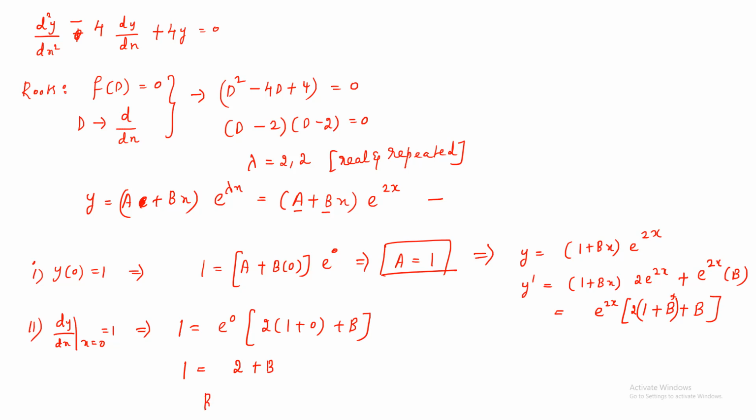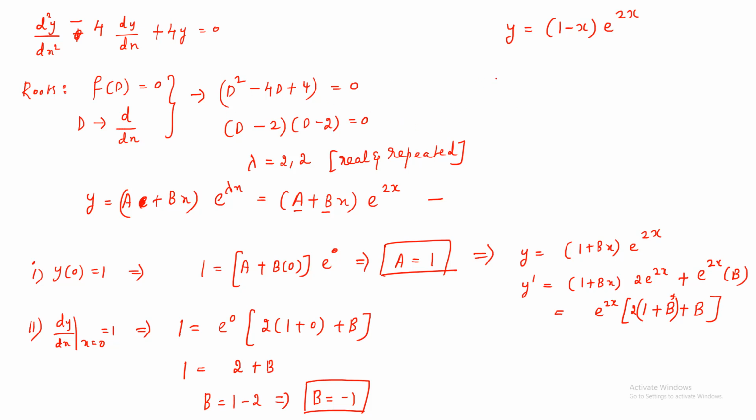Then our b becomes 1 minus 2, so b becomes minus 1. Now we substitute the value of the constant b, so we will get y is equal to (1 minus x) e power 2x. Okay, so this is what we get.